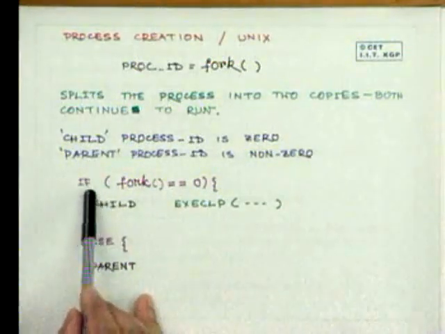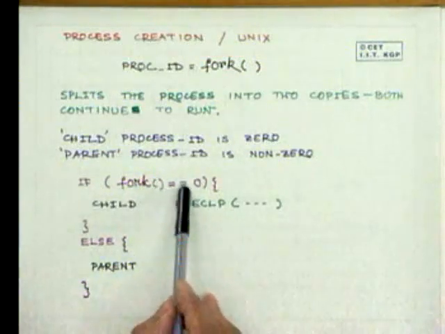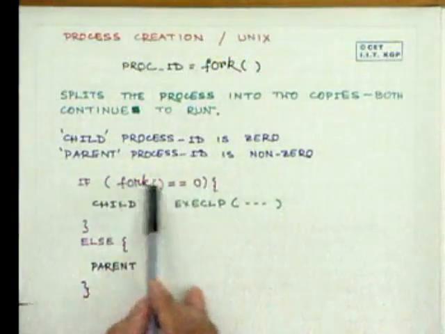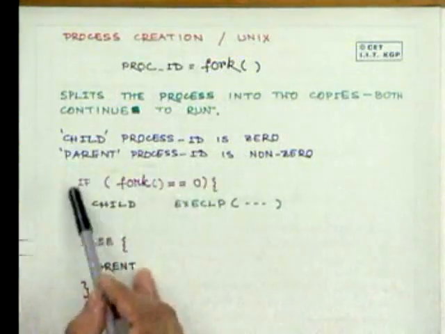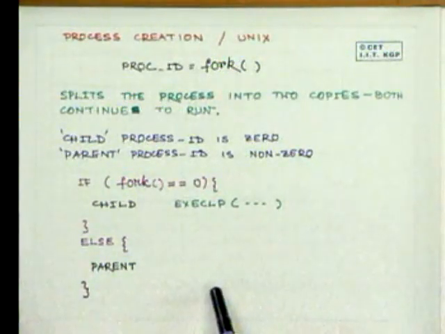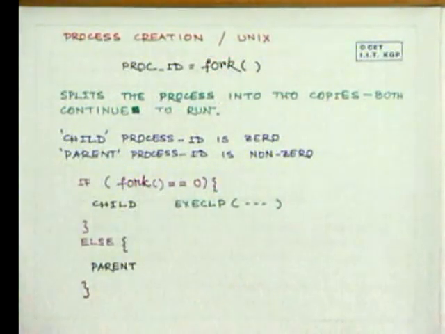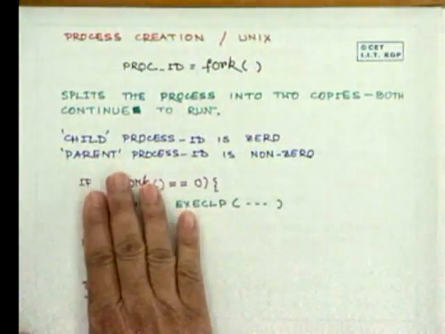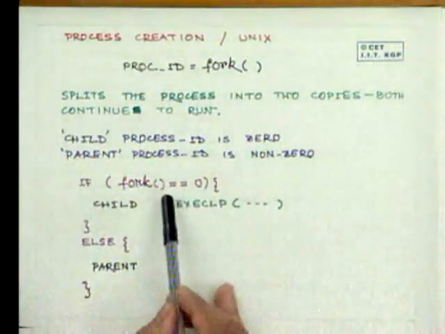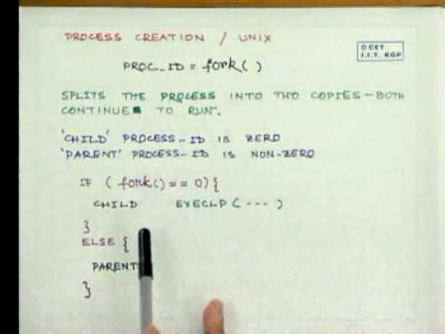Now, if we put a condition that if the fork value equals 0, that means we are talking about the child, then this section of the code will be executed in the copy which is the child.